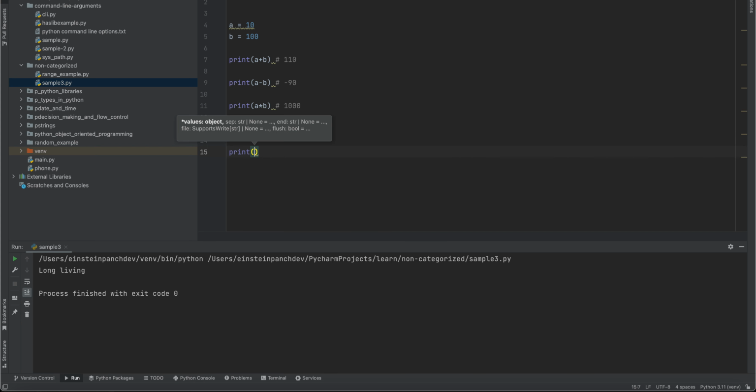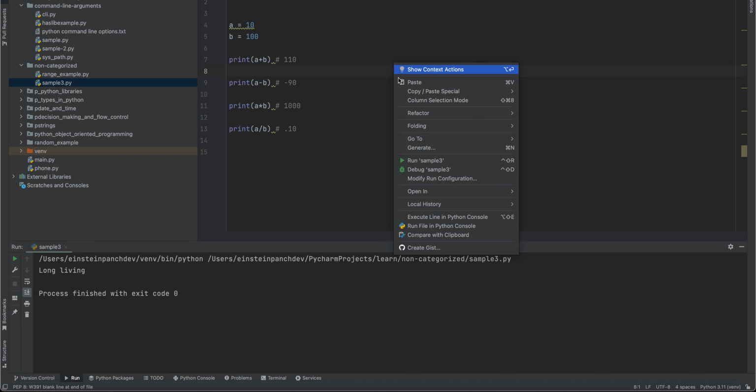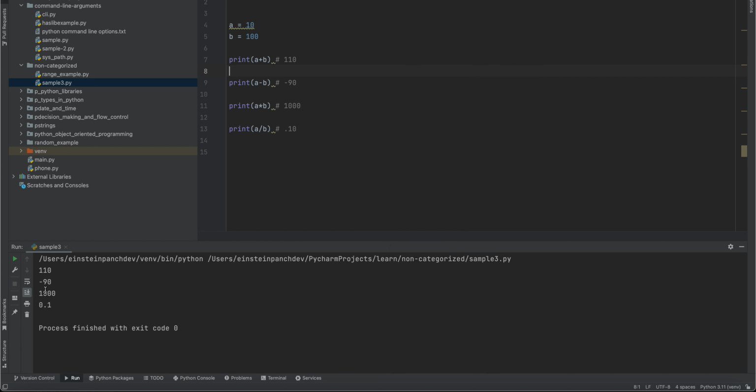Print a divided by b, let's see. Here we can see the same output. Now change the values here to 1 and here 2.